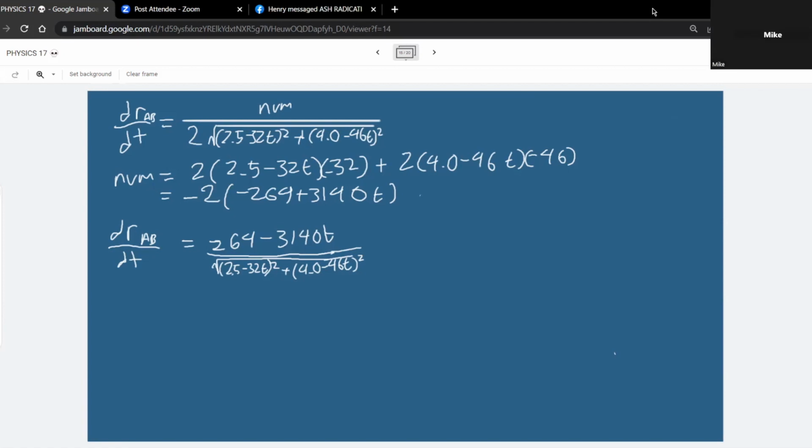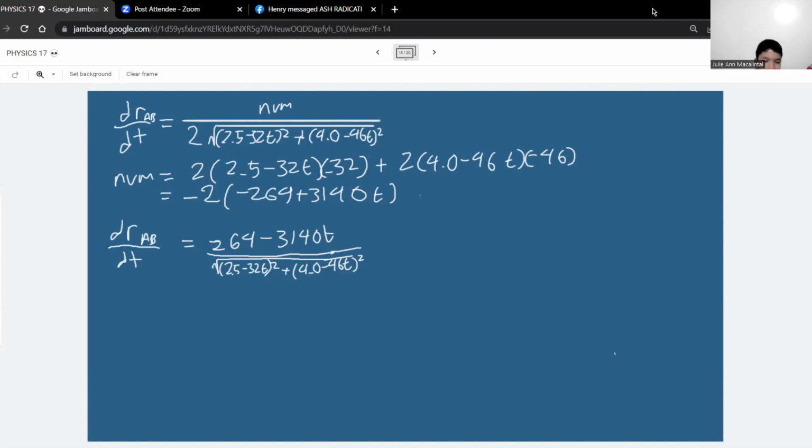Ngayon, parang may, teka, 2.5 times negative 32. Yung sa numerator kasi tingnan mo, negative yung lalabas dun, parang nabaliktad mo yung signs.